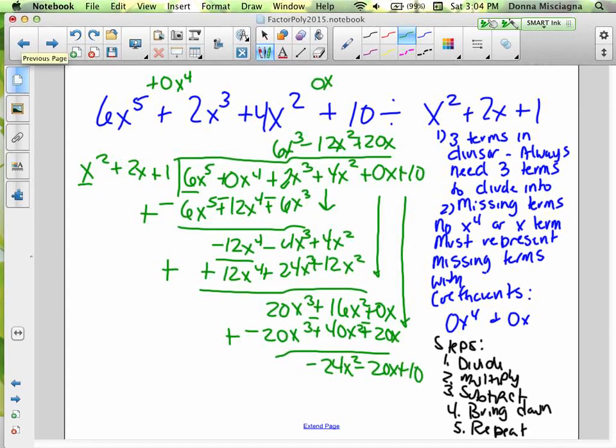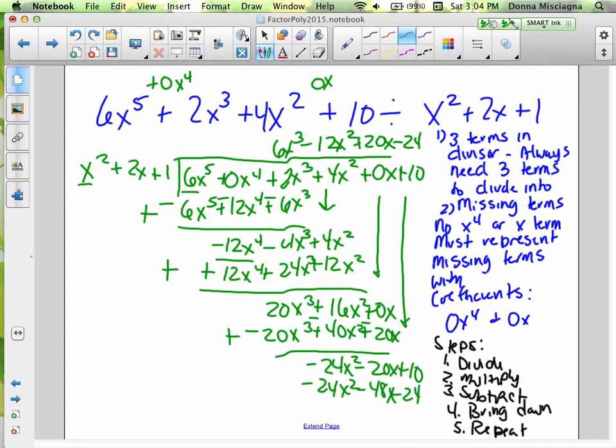What do we have to multiply x squared by to get negative 24x squared? Of course, just a negative 24. Negative 24 times x squared is a negative 24x squared. Negative 24 times 2x is negative 48x. And negative 24 times 1 is negative 24.